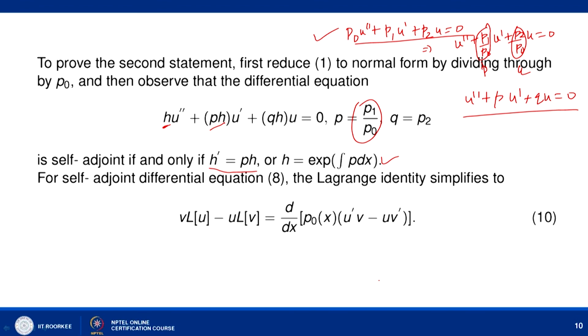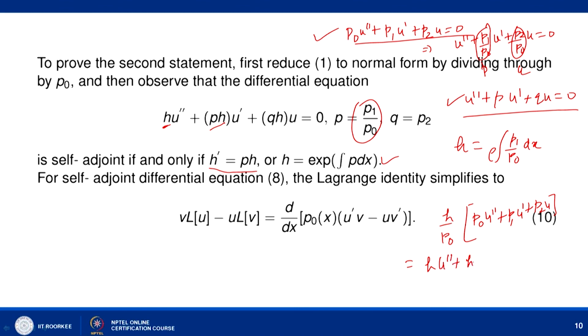Let me look at it here. h is coming out to be exponential of the integral of P1 by P naught dx. Now we are multiplying h into this equation. If we multiply h by P naught u double dash plus P1 u dash plus P2 u, then this is h u double dash plus h P1 by P naught u dash plus h P2 by P naught u equal to 0.